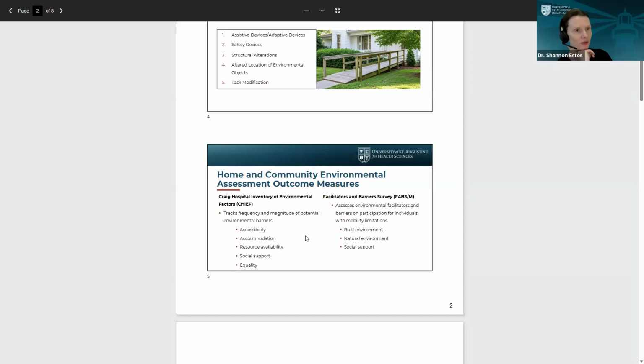Or can we justify, and this is a reach because a lot of insurances won't cover home modifications, but are there ways we can justify that this is unsafe and maybe they need to reach out to insurance or the VA if they're veterans, and so on and so forth, to get things changed? And this also helps us keep track as therapists, to make sure that we did our due diligence to assess the safety of their home and see if they're in an okay living situation.